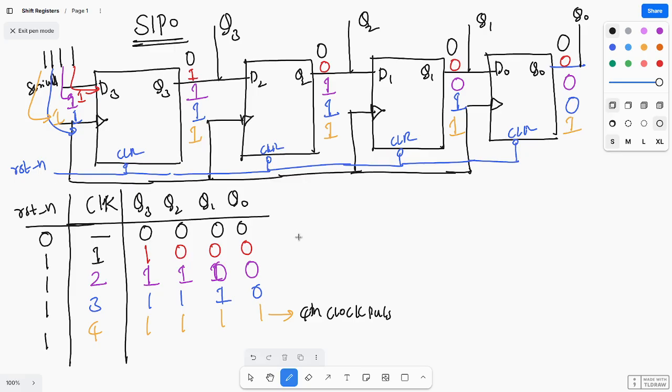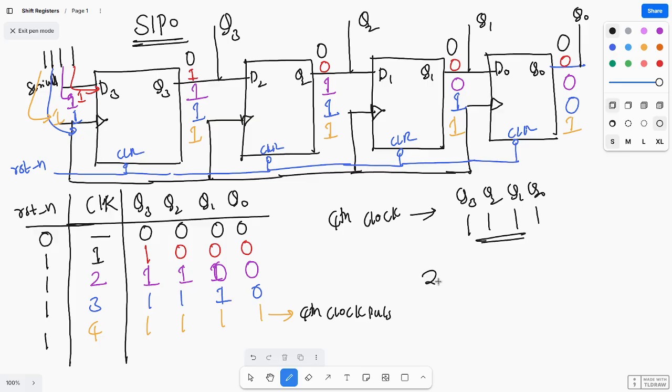At what time is the parallel out operation happening? At the fourth clock pulse, you will get Q3, Q2, Q1, and Q0 equal to 1, 1, 1, 1.